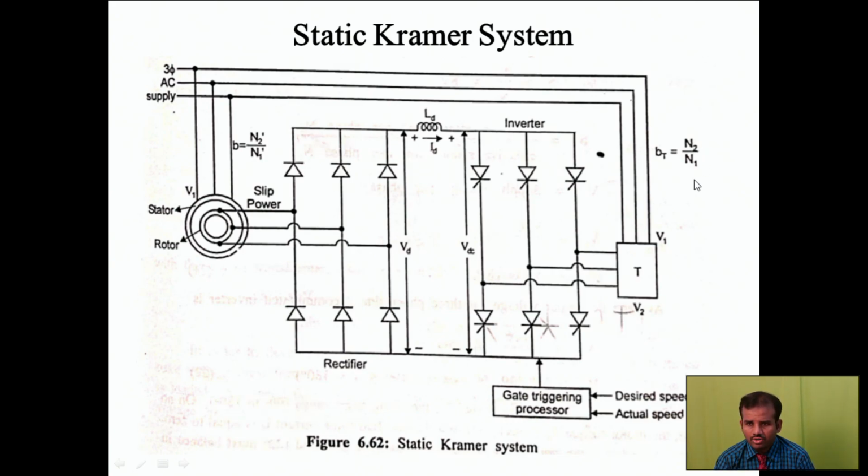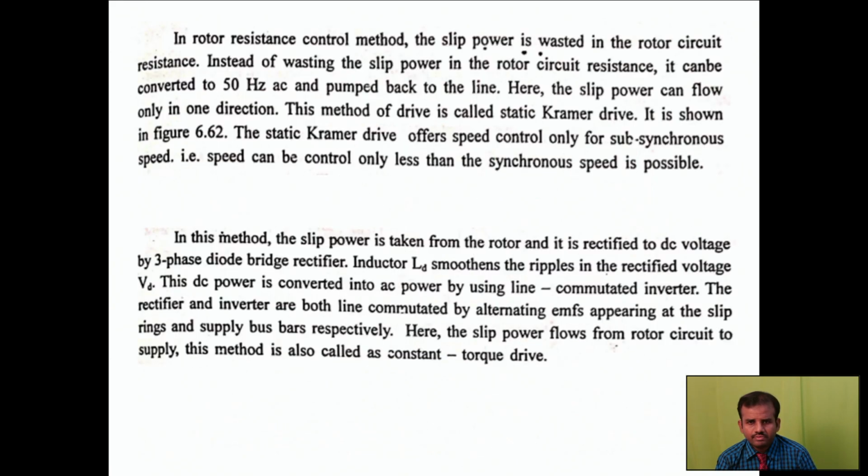Here V1 and V2 are the primary and secondary voltages. This is a smoothing inductor LD, and the current flowing through LD is ID. Okay, so this is the static Kramer system circuit diagram.